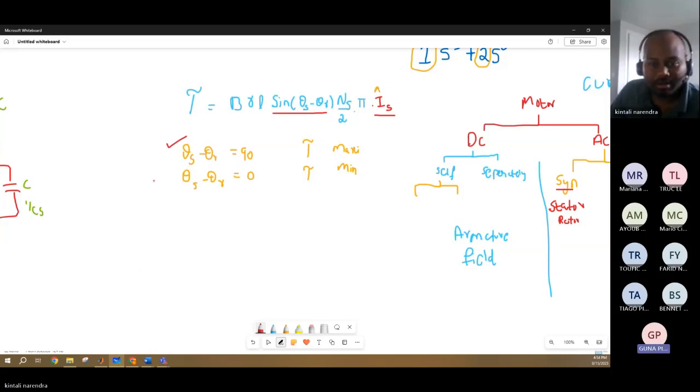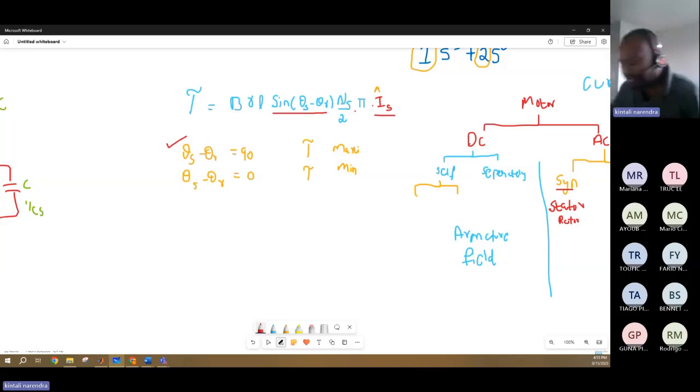What are the other terms in this torque equation? B, R, L, Ns, pi. Did you not go through the derivation of the brushless DC motor?